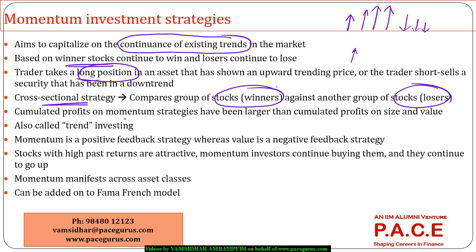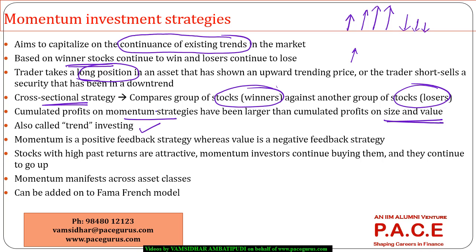And when I talk about the cumulative profit on the momentum strategy, it has been observed that those who are following momentum strategies, the cumulative profits are much higher compared to those who are going ahead with the value investing strategy or the size based investment strategy. We are talking about cumulative profits on momentum strategies to be slightly higher.